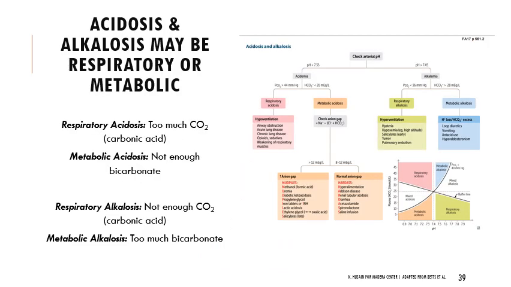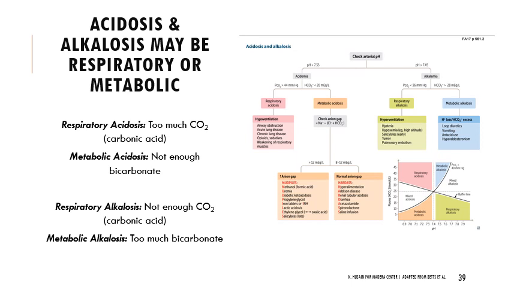I mentioned that respiration and respiratory compensation is associated with carbon dioxide, whereas metabolic regulation and issues are associated with bicarbonate. So when we're thinking about the cause of different types of acidosis and alkalosis, we look at, first of all, whether it's acidosis or alkalosis, so the pH levels, and then we also look at carbon dioxide and bicarbonate levels.